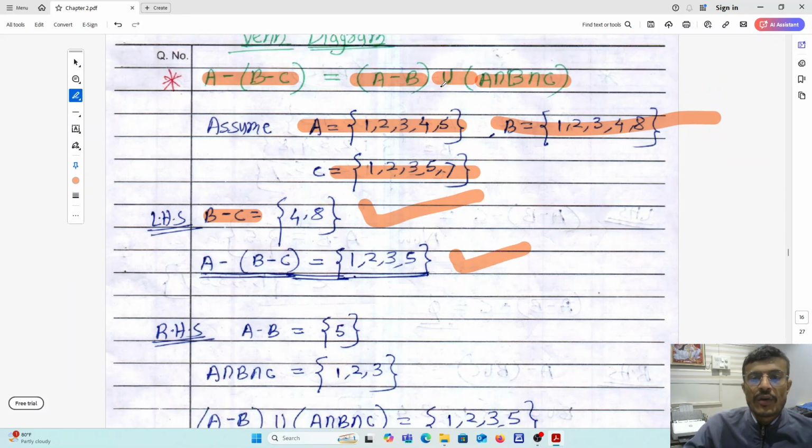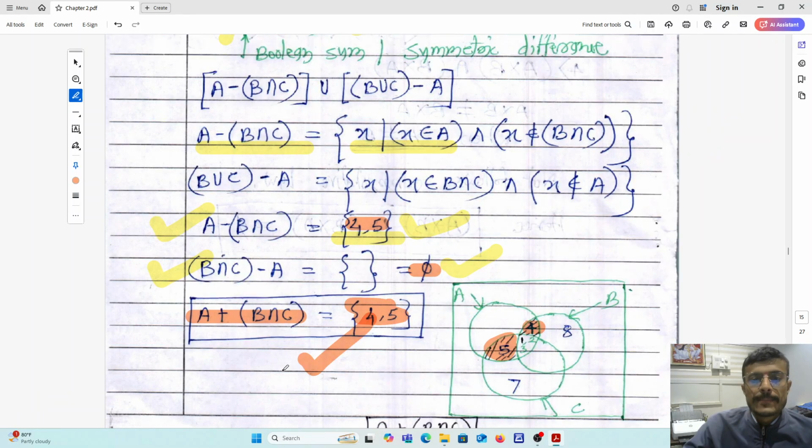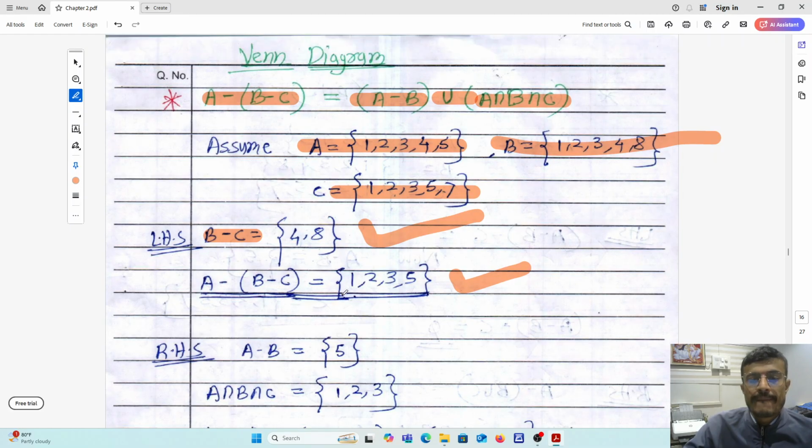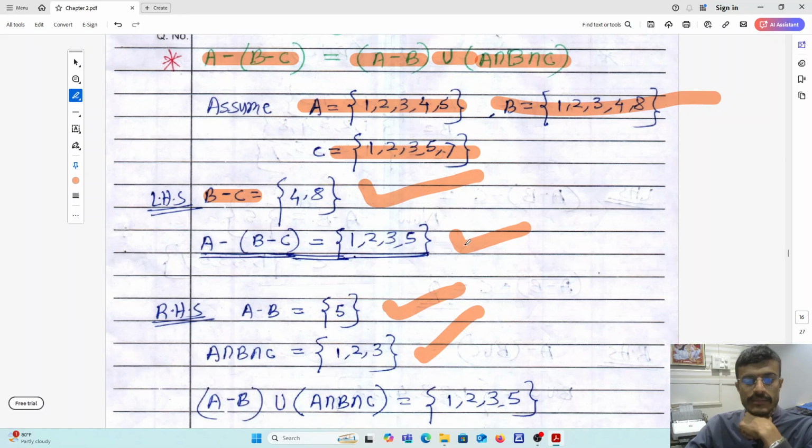Then on the RHS we have to find A minus B. So A minus B is equal to 5. And A intersection B intersection C is nothing but 1, 2, 3. If you go through this, you will get the idea.